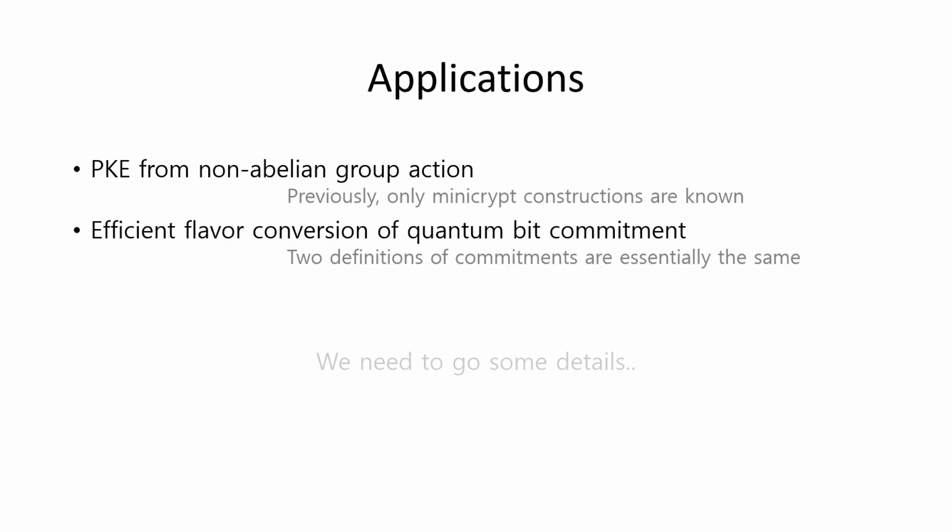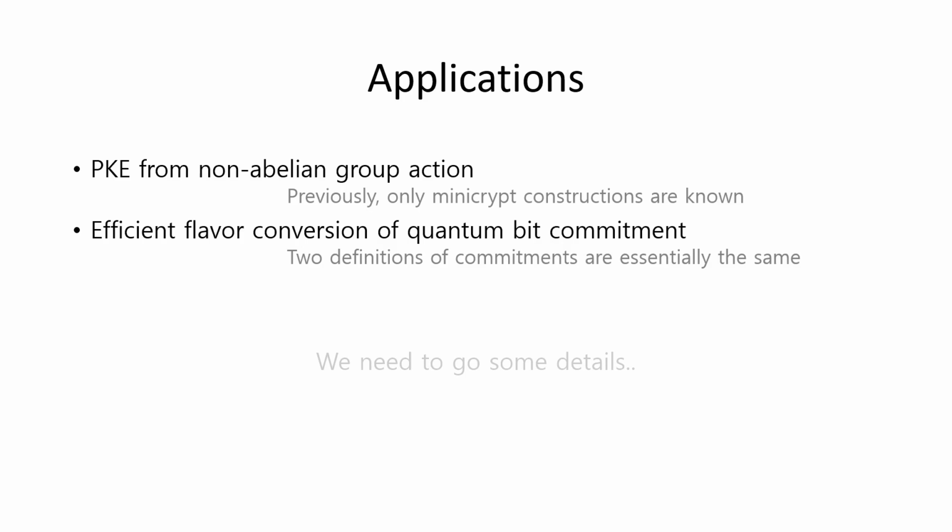I think I have to hurry, so we need to talk about the cryptographic applications. The first one is public key encryption from non-abelian group action, and the second one is efficient flavor conversion of quantum bit commitment.